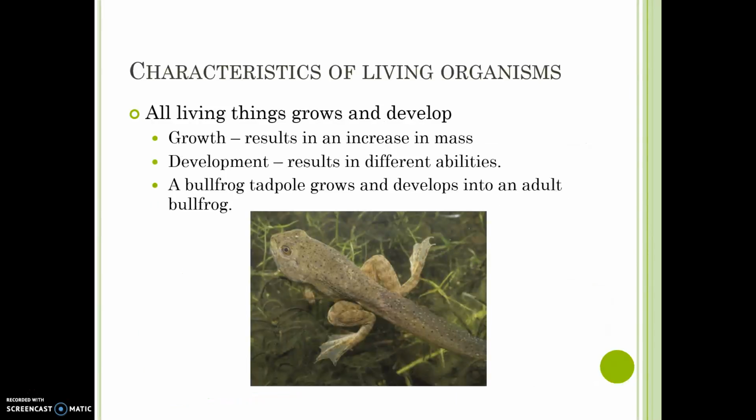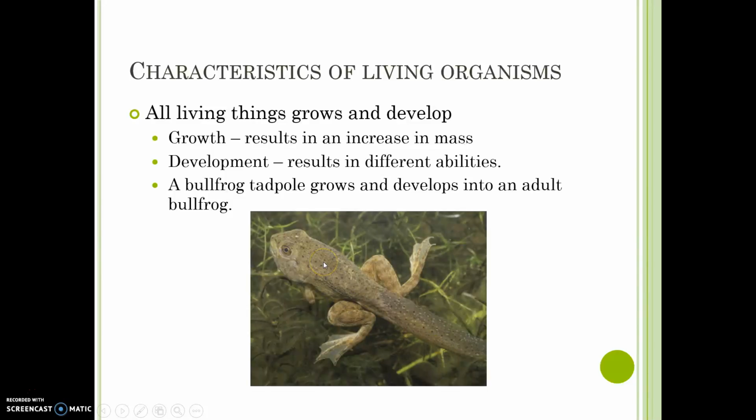All living things grow and develop. And there is a difference between growth and development. Growth is increasing in mass or getting bigger. And development is changing and forming different abilities. So for example, you see the bullfrog tadpole. This bullfrog tadpole grows and develops into an adult bullfrog.